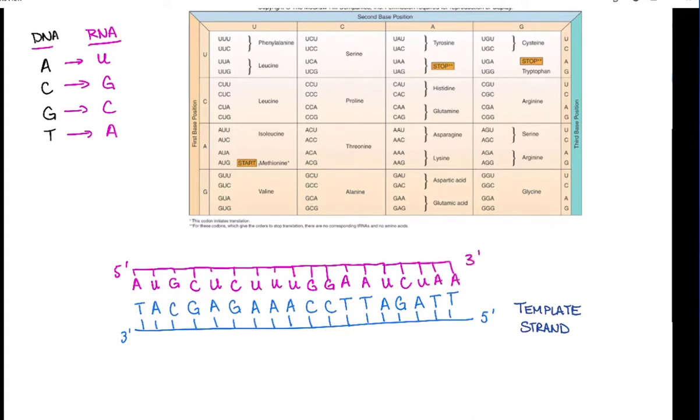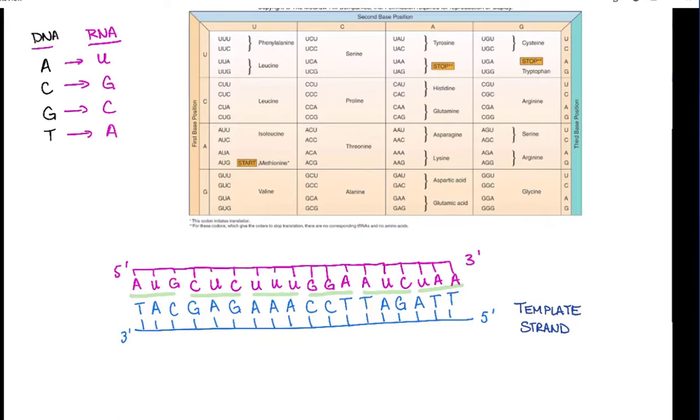Okay, now we are going to break this up into groups of 3 so that I can identify the codons. So let me underline the codons. And so I can use this to figure out what amino acids I have.